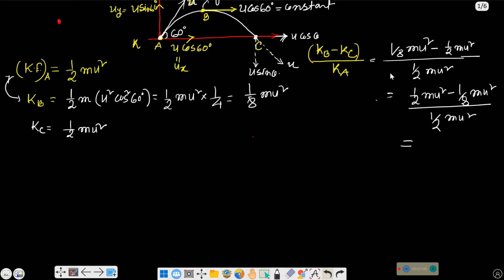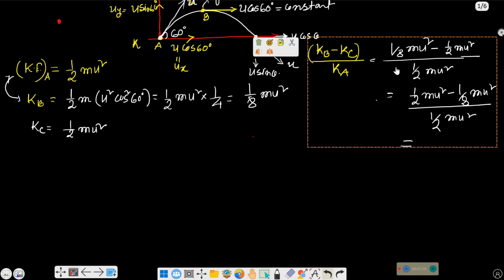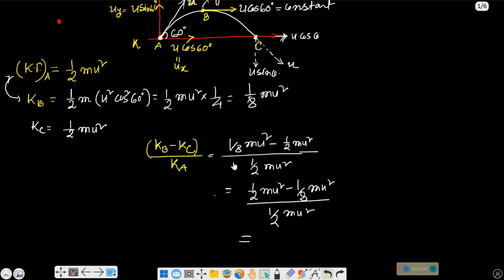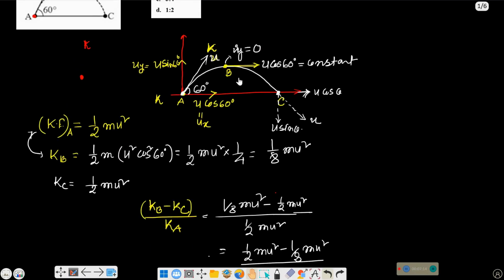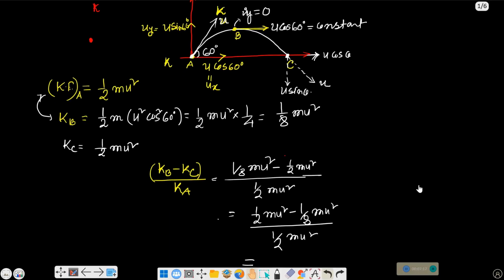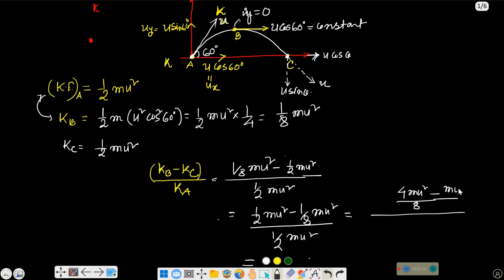So this will give you half m u square minus 1 by 8 m u square, which is 4 m u square minus m u square over 8, divided by half m u square.